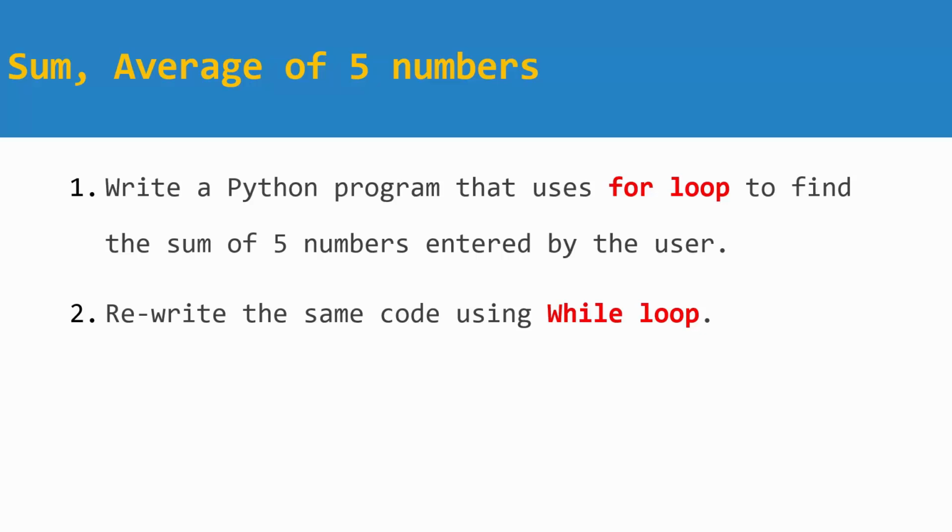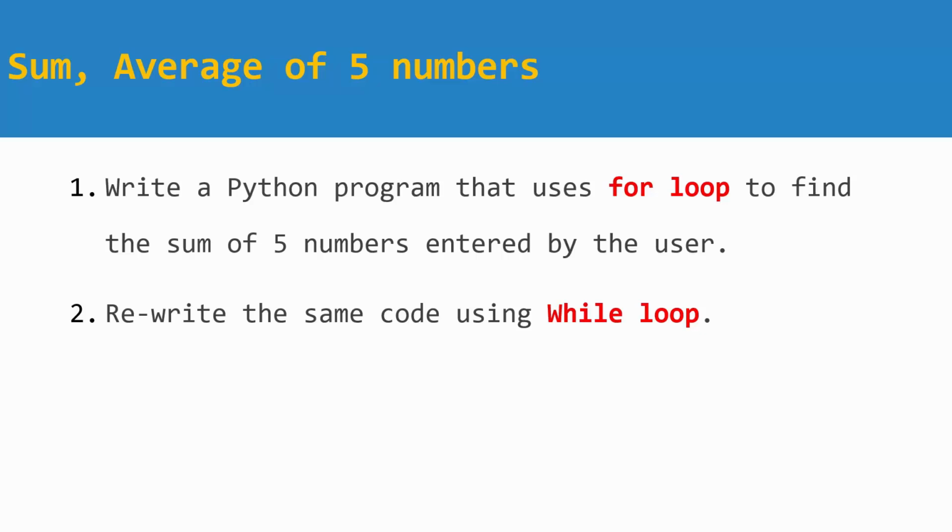So this problem needs us to use for loop. And we know how many times the user is going to input the value. And we need to find the sum. Average is simple. After the loop, we can divide the sum by 5.